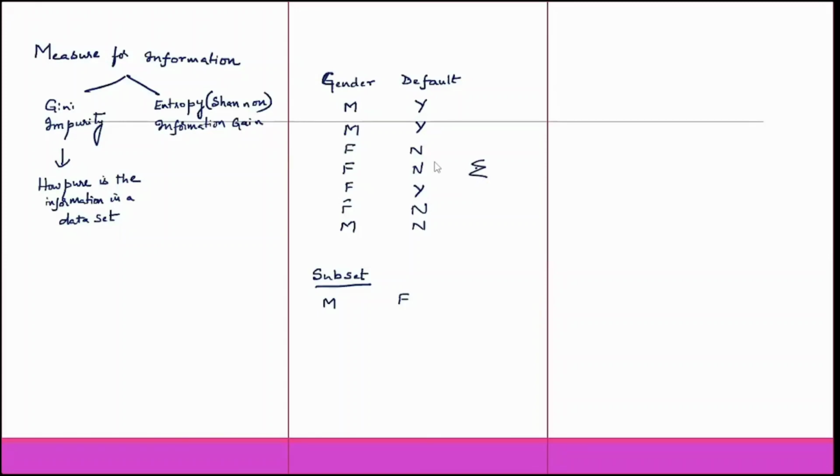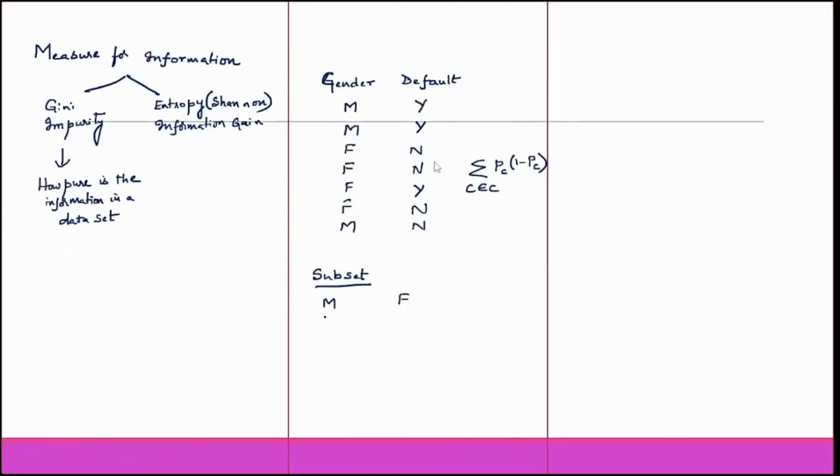You have a class of default versus the no default. Or you have the classes of males and females here. So you look at, for all the various classes that you get, the probability of belonging to that particular class. So here the class you are referring to is yes and no, multiplied by 1 minus the probability of not belonging to that particular class.